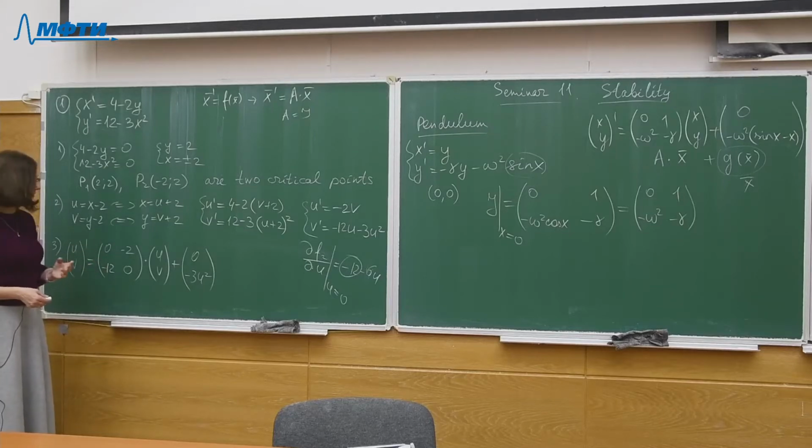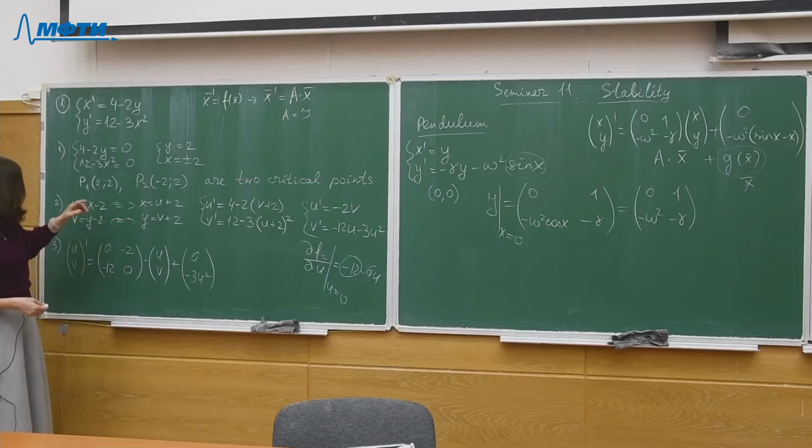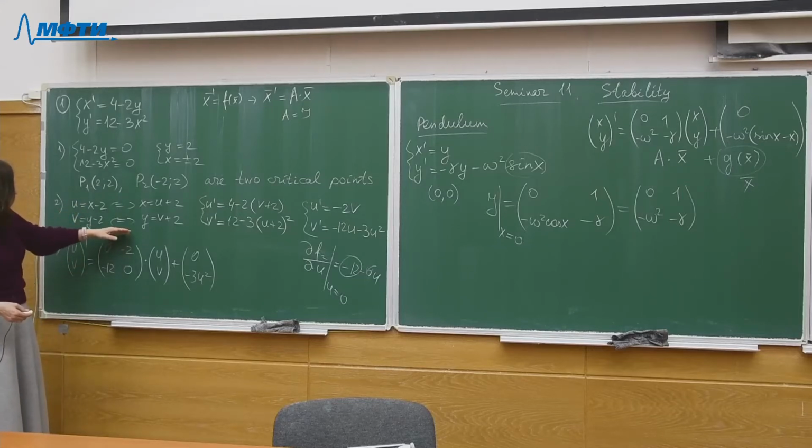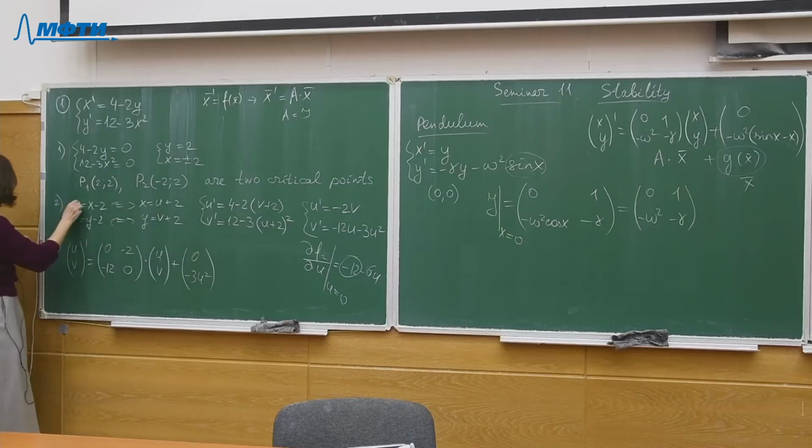What is u equals x minus 2 and v equals y minus 2? Sorry, I don't understand the second part. Why does u equal x minus 2? This is a substitution, by definition. But what do we substitute for?